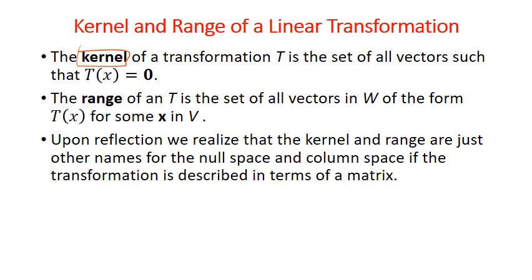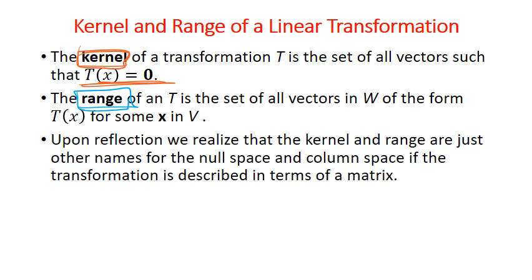You'll see the word kernel, and basically a kernel of a transformation is the set of all vectors x such that T of x is equal to 0. Then the range is the set of all vectors in W of the form T of x.